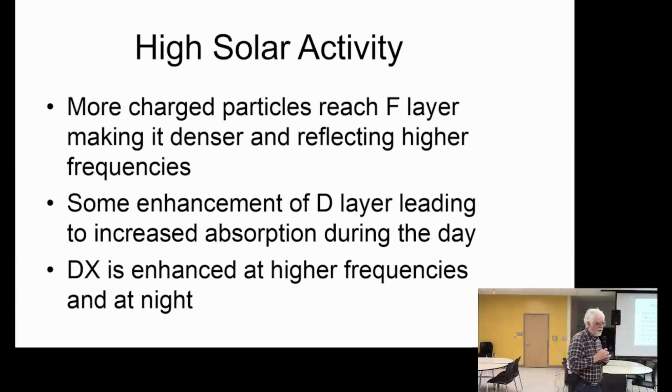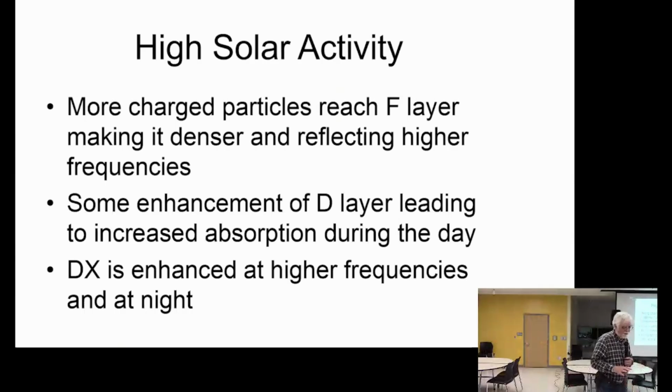And that's called a coronal mass ejection, CME.